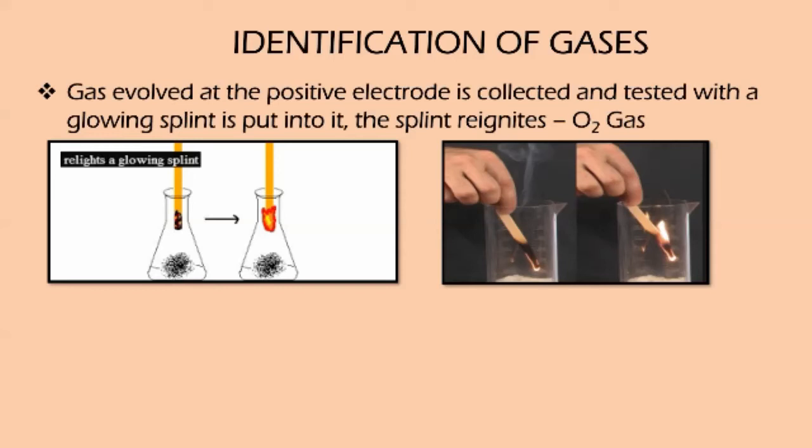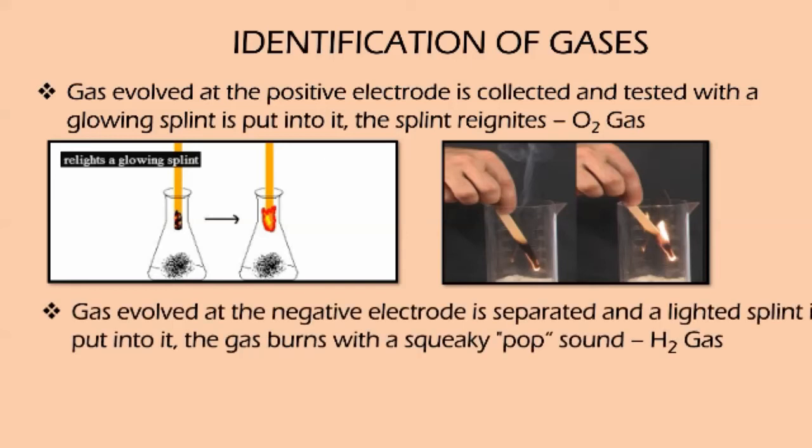So, if it has the capacity to reignite the glowing splint and form a flame, then we can confirm the presence of oxygen. The gas evolved at the negative electrode is separated and a lighted splint is put into it. The gas burns with a squeaky pop sound. If that happens, we can confirm the presence of hydrogen gas.